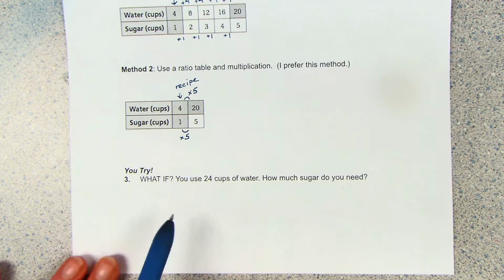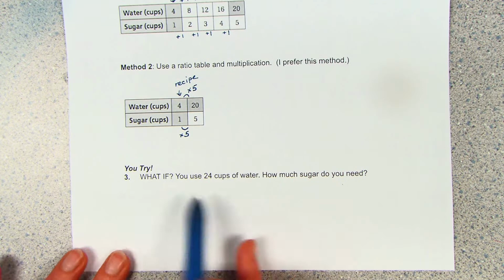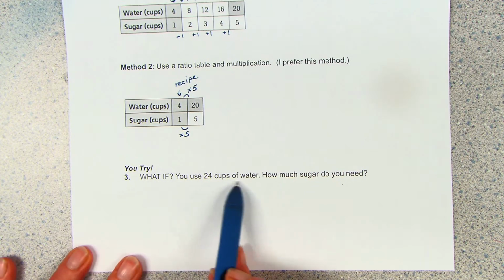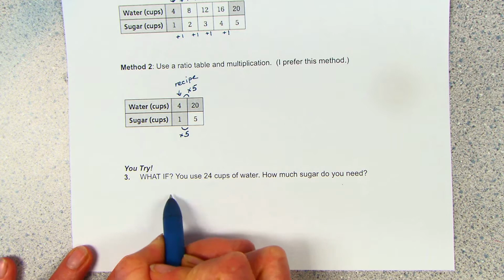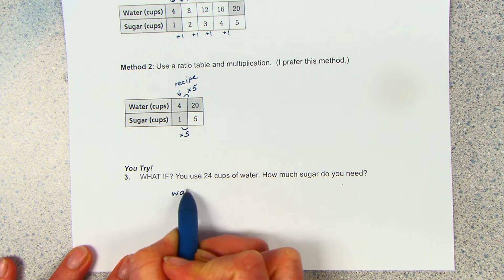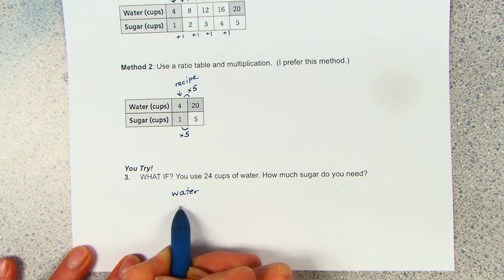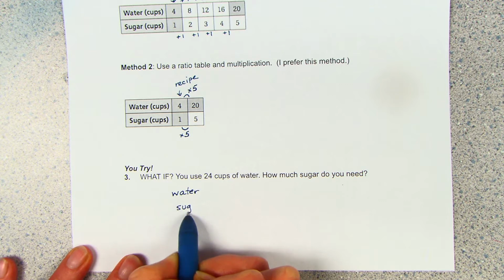Right. You have a similar problem in your You-try. Now we want to know, what if you use 24 cups of water? How much sugar do you need? So you want to go ahead and make your table. Do the water and the sugar.